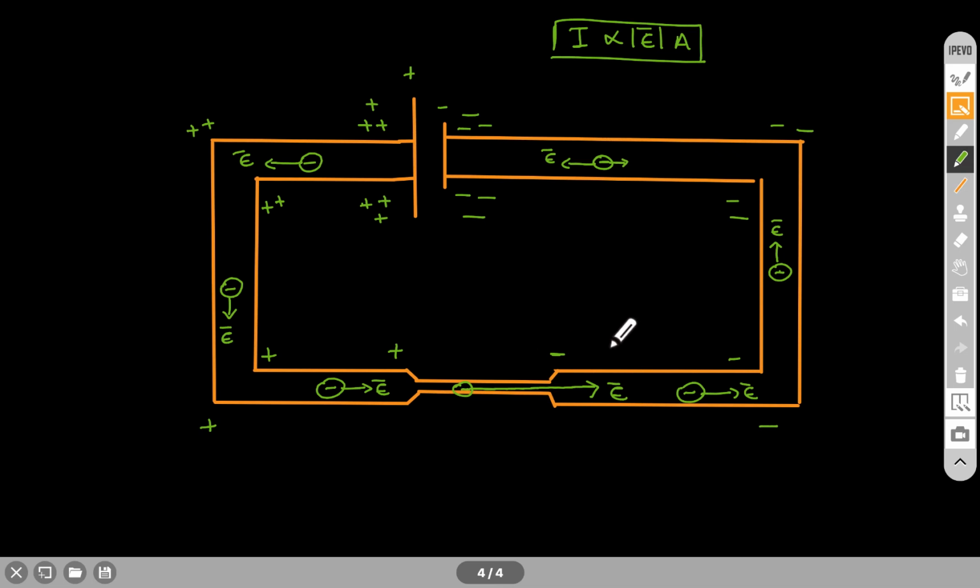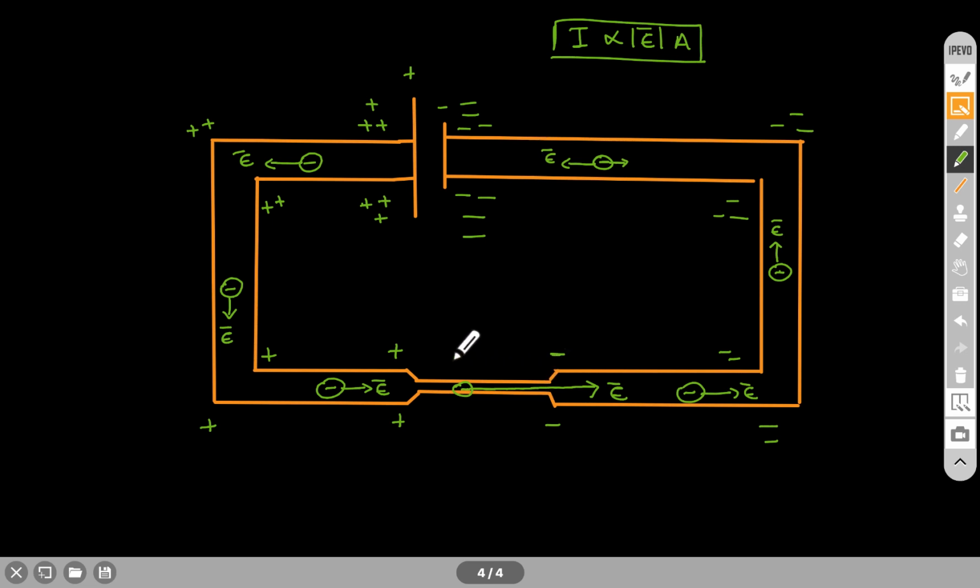Now if you look at what I just did, there is a plus, there is a minus. Between this point and this point, there is a difference of 0. So I'm gonna do this. There is a difference of 1, a difference of 1, a difference of 1. That's why the electric field here has the same strength.